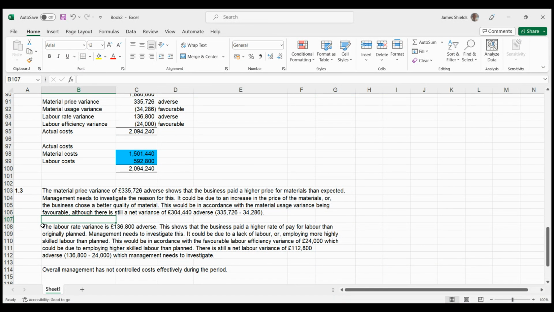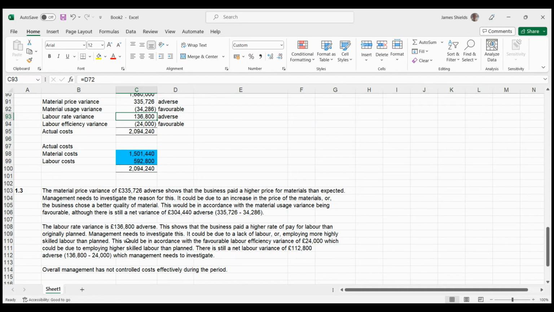Now, the labour rate variance, which we've got there, is £136,800 adverse. So again, why is that? Again, this shows that the business paid a higher rate of pay for labour than originally planned. And again, management needs to investigate this. It could be due to a lack of labour, so therefore they had to pay a higher rate, or they employed more highly skilled labour than planned.